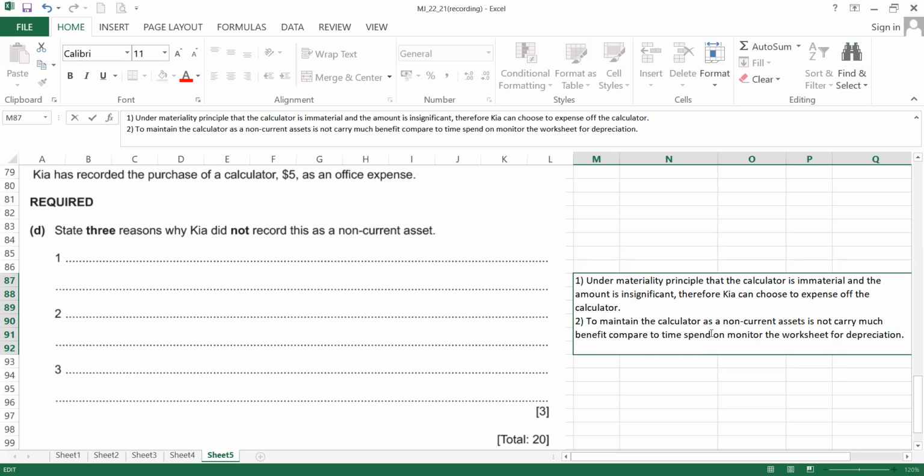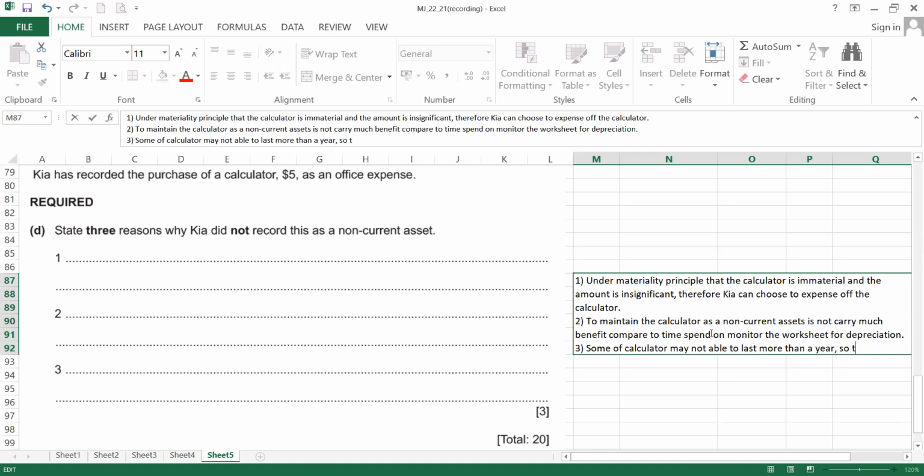And number 3 we can think about is that some calculators may not be able to last more than a year. Especially if you buy a cheap calculator, it may not last more than a year.